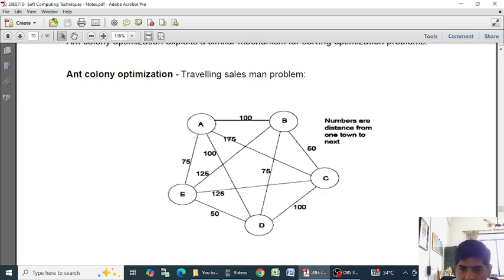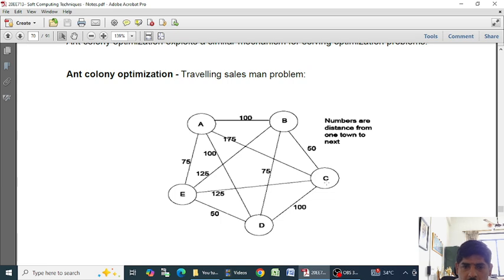There are many ways. He can move from A to C directly, or from A to B and B to C, or from A to E, E to D, and D to C. Another possibility is A to D and D to C. These are the possibilities to reach the destination C.